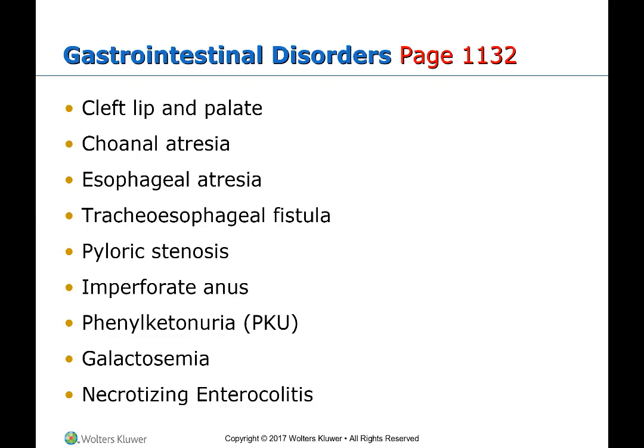If the baby, or the parents, I should say, do not know about this, and the baby wasn't tested, it says it could result in mental impairment, behavioral problems, retardation, other abnormalities. So all newborns are tested for PKU before discharge from the healthcare facility. They also are tested again when the mother goes back to the 6-week checkup.